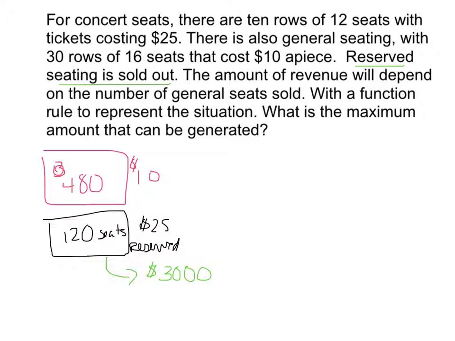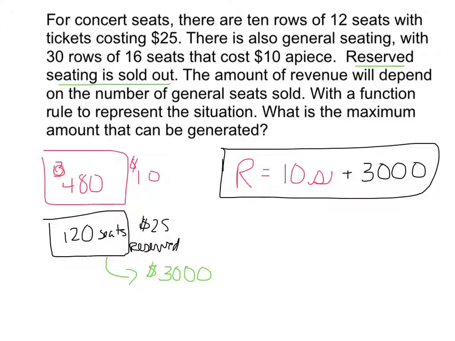The amount of revenue, which basically means the amount of money that's raised, will depend on the number of general seats that are sold. So if they are $10 a piece for general seating, times the number of seats that are sold, and then you're going to add the $3,000 that's already been accounted for. So this is going to be my function rule.